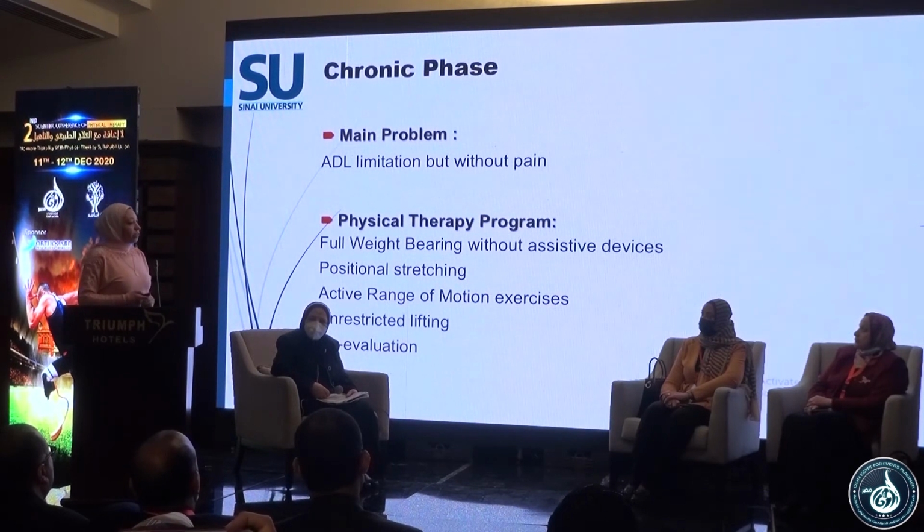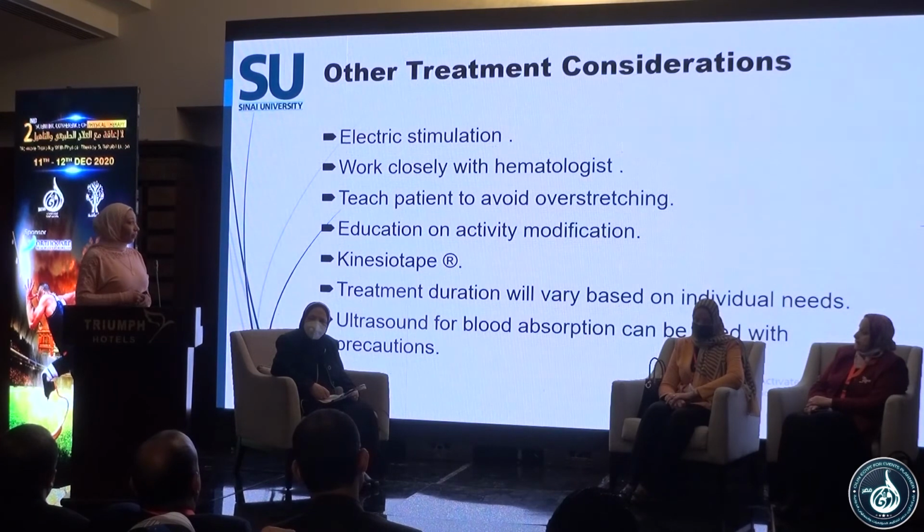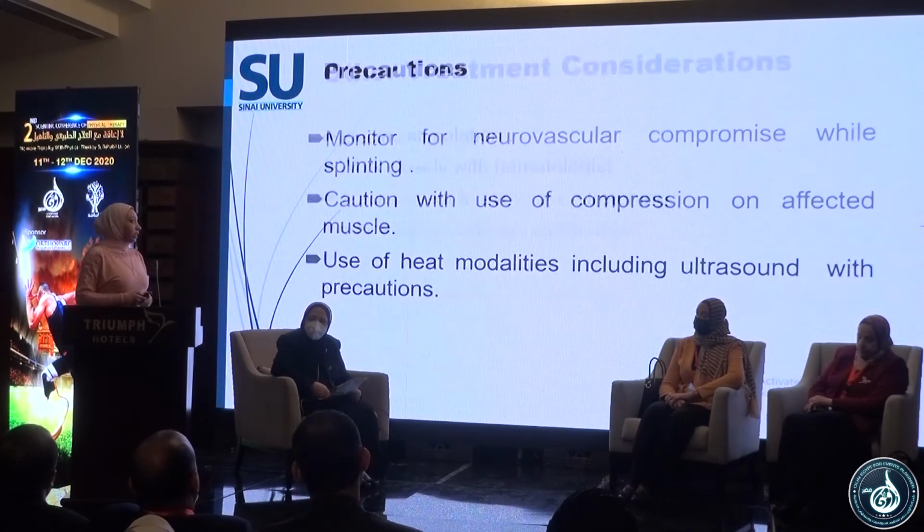In the chronic phase, there is ADL limitation, but without any pain. So we must do full weight bearing without assistive devices, positional stretching, active range of motion, unrestricted lifting, and re-evaluation. Other considerations may include kinesiotaping. Some precautions must be taken in concern using heat modalities.